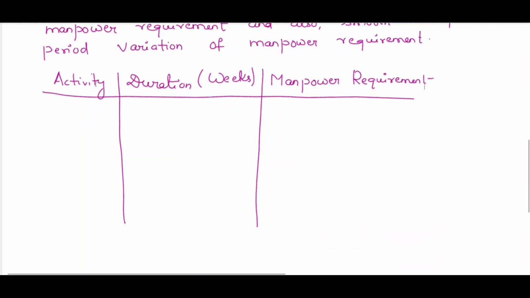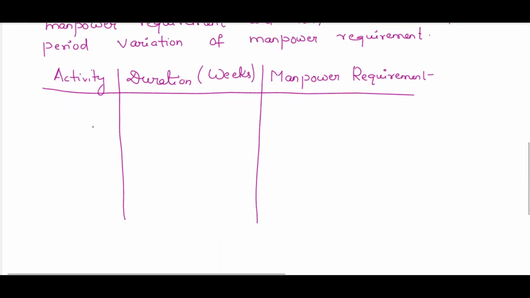The first activity is 1 2, duration 6 weeks and manpower requirement is 8. That means for completing the activity 1 2 we need 8 people for a duration of 6 weeks.